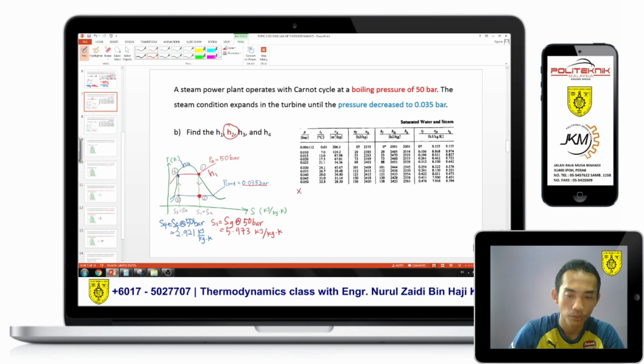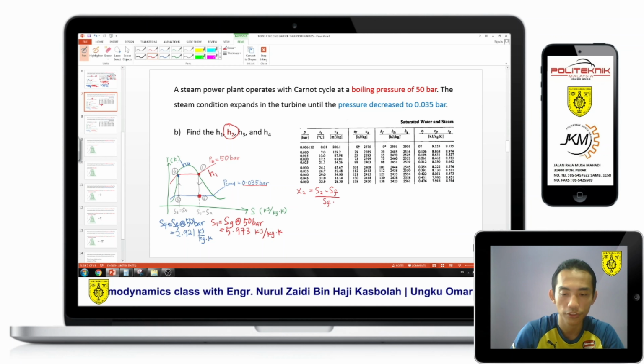So, we must calculate the dryness fraction at point number 2 using this formula: S2 minus Sf over Sfg.